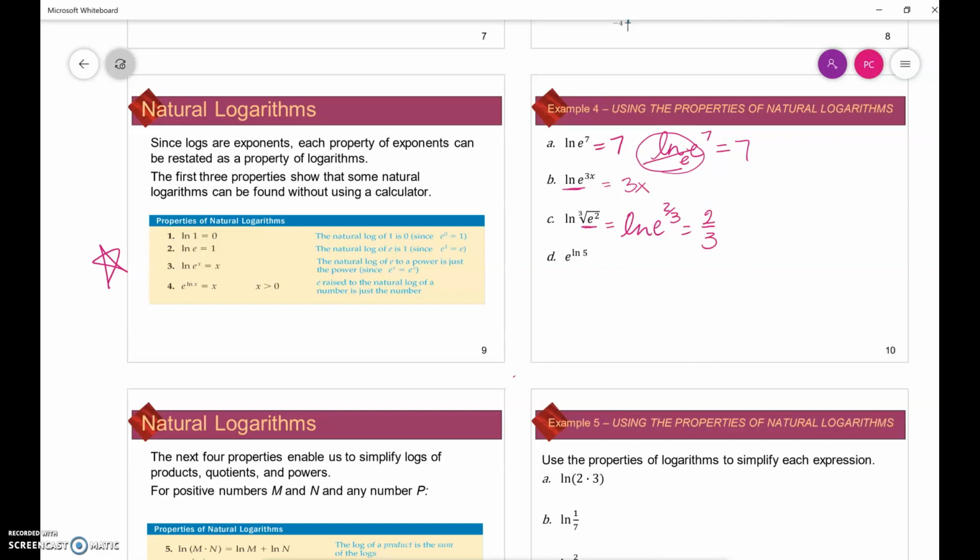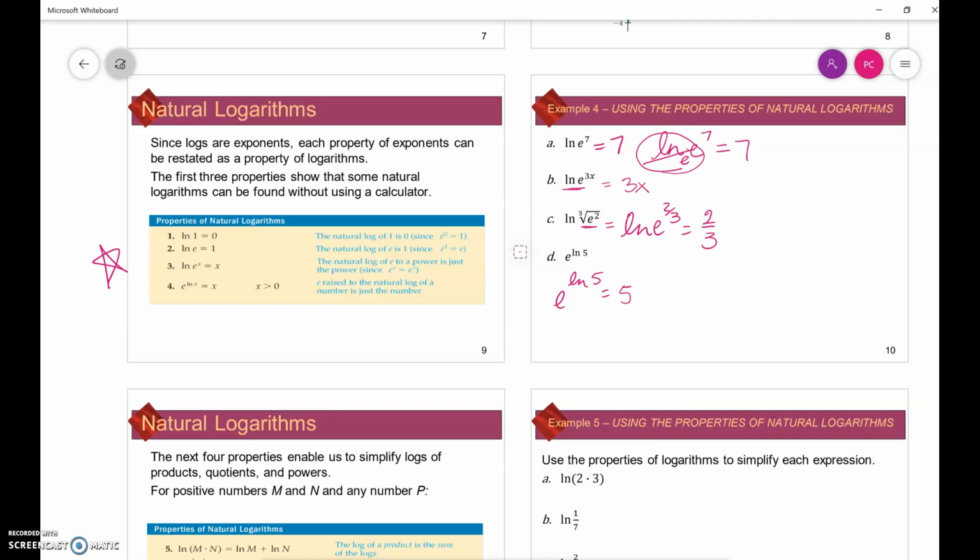On the last one, e to the ln 5 follows property 4 on the slide ahead of this, so e to the ln of 5 is just equal to 5. Those are some basic properties that work for natural logarithms.